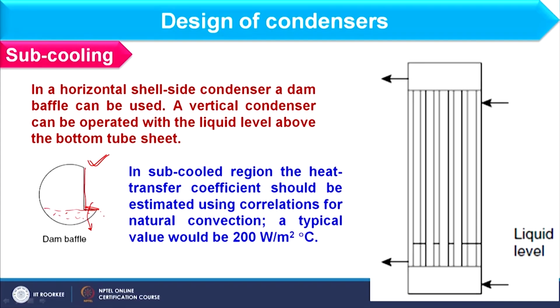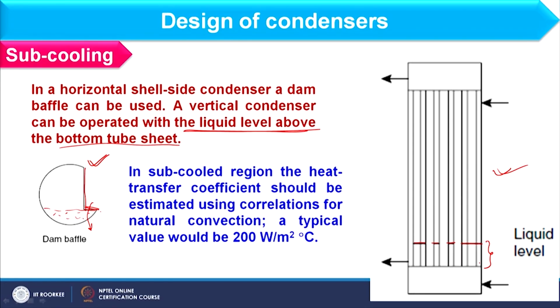Okay. So, this design is applicable for a horizontal shell side condenser, and when I am considering a vertical condenser, we should ensure that some liquid level is maintained above the bottom tube sheet, right. So, if you consider this schematic, we should ensure that some liquid is available at the bottom, and therefore we can consider subcooling accordingly.